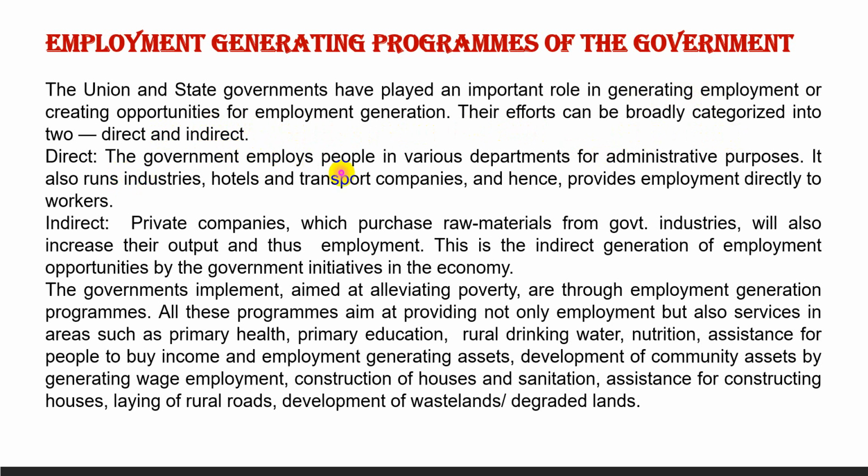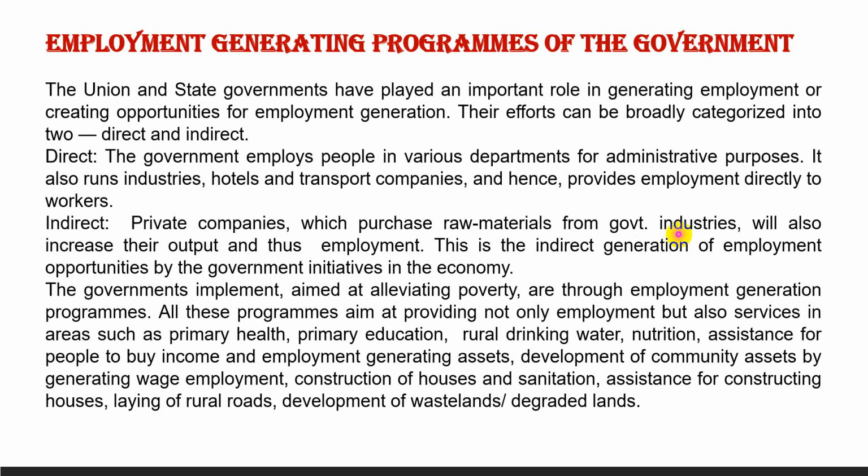The government employs people in various departments for administrative purposes. It also runs industries, hotels, and transport companies, and hence provides employment directly to the people of the country. This is called the direct. Indirect: private companies which purchase raw materials or other inputs from government industries.